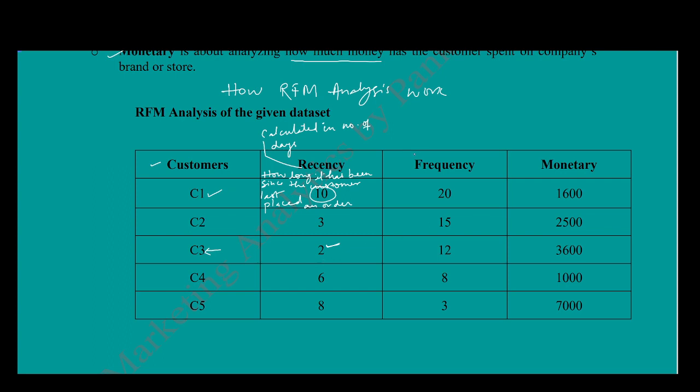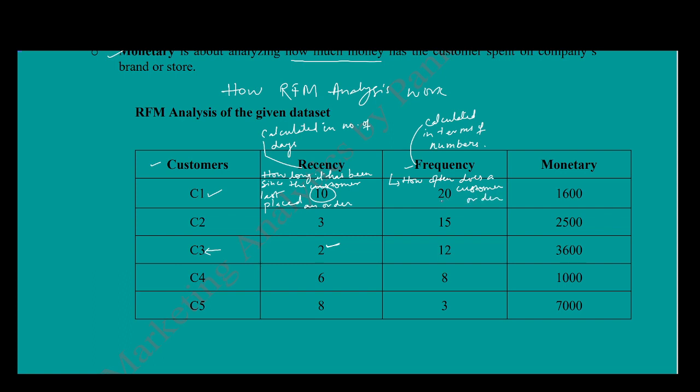Now look at the third column, frequency. Frequency is actually calculated in terms of numbers. Frequency was about how often a customer orders.